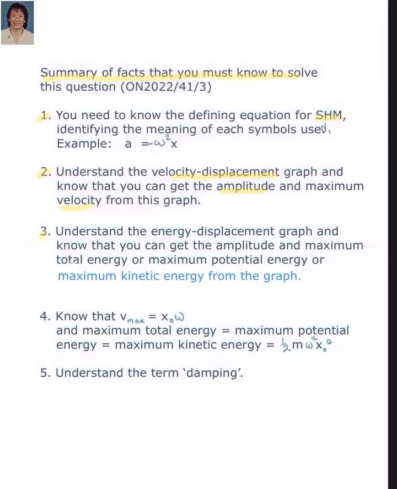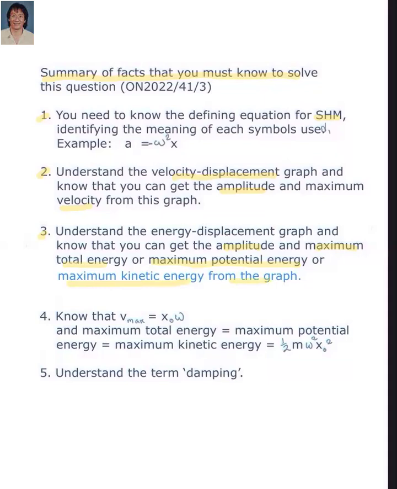Number 3, understand the energy displacement graph and know that you can get the amplitude and the maximum total energy, which is the sum of the kinetic energy and the potential energy, which equals the maximum potential energy, which is also equal to the maximum kinetic energy from the graph.